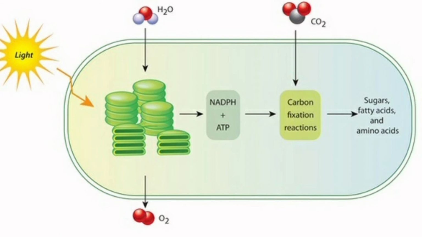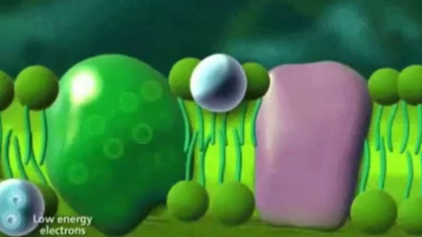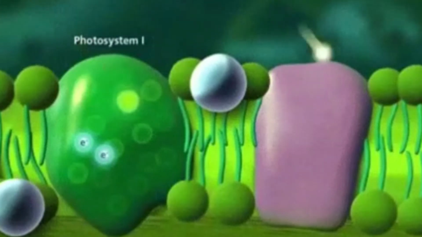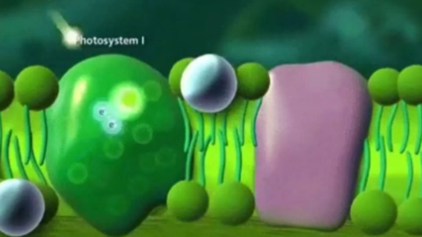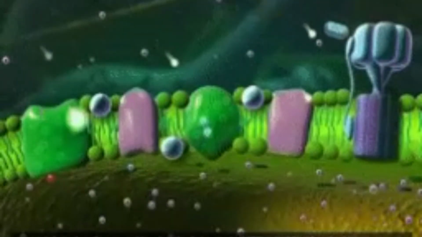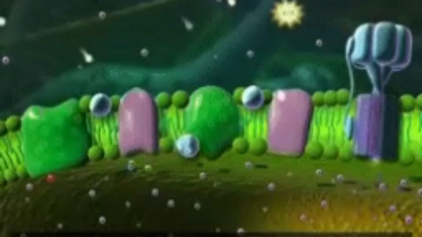Now, what is light reaction? It is a light-dependent process occurring inside the thylakoid membrane of the chloroplast. This phase is called the photochemical phase. During this reaction, light energy is captured by the chlorophyll and is converted to chemical energy, that is ATP, adenosine triphosphate, and NADPH2.